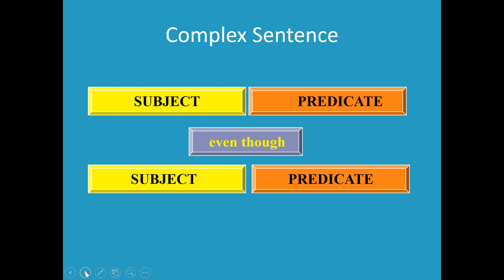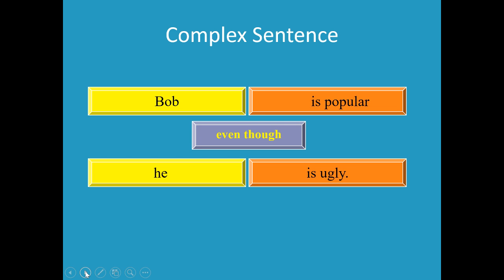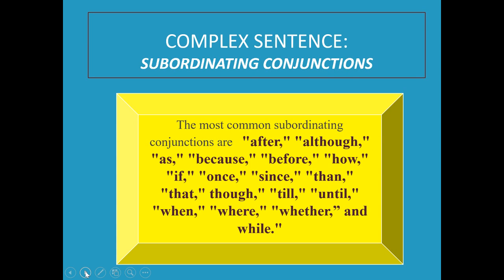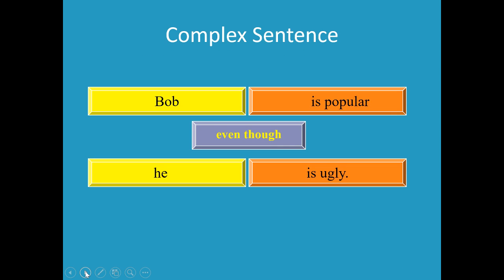Here we'll see the connective phrase used in the middle of the sentence. Here's an example. Bob is popular even though he is ugly. In this example, Bob is popular even though he is ugly.